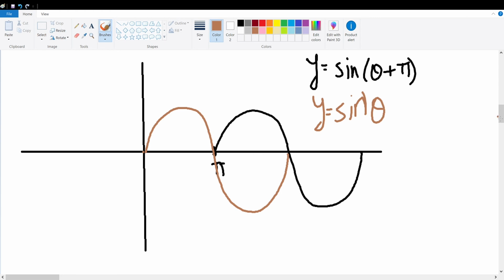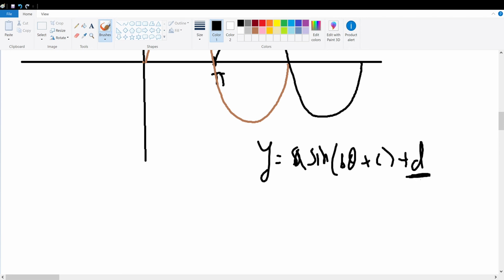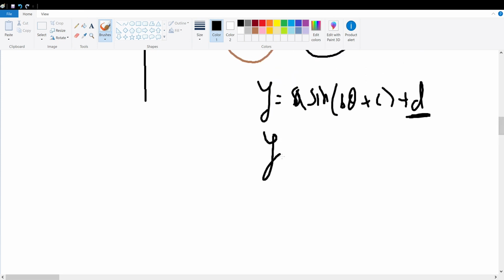Moving on to the d variable within the general function, which I'm going to rewrite here for the sake of visuals: a sine of b theta plus c, plus d. Now we're going to be focusing on d. You can think of this really as kind of like a parabola function, ax squared plus bx plus c.